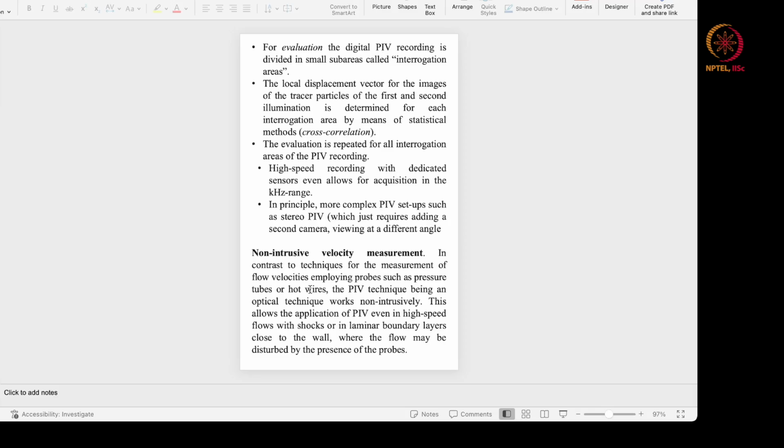So this allows the application of PIV even in high-speed flow, shocks, laminar boundary layers, very close to the wall, where the flow can be very sensitive to the presence of probes, especially in the case of shocks, because the shock is such a small zone. In order to determine the location of the shock, you cannot put probes right there, because those can severely compromise the flow field. So it is a non-intrusive velocity measurement. There lies the beauty of it.